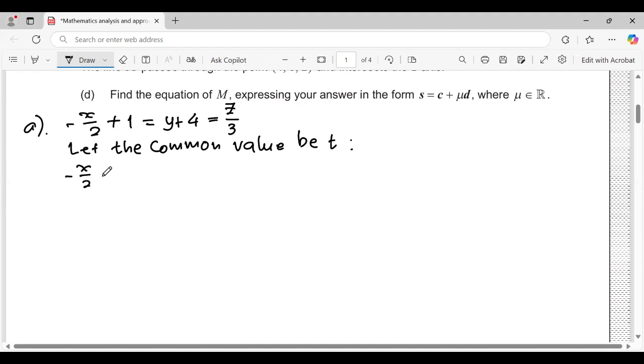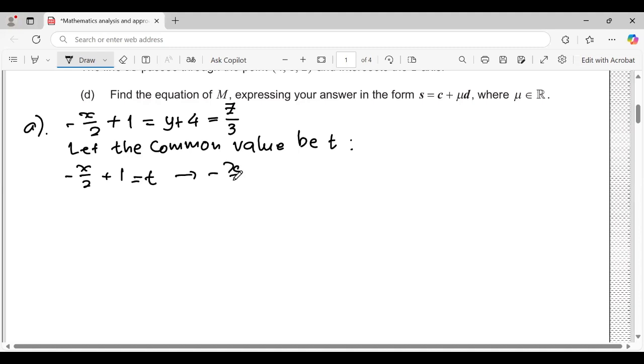Minus x over 2 plus 1. Sorry, this is 1 actually. Minus x over 2 plus 1 equals t.